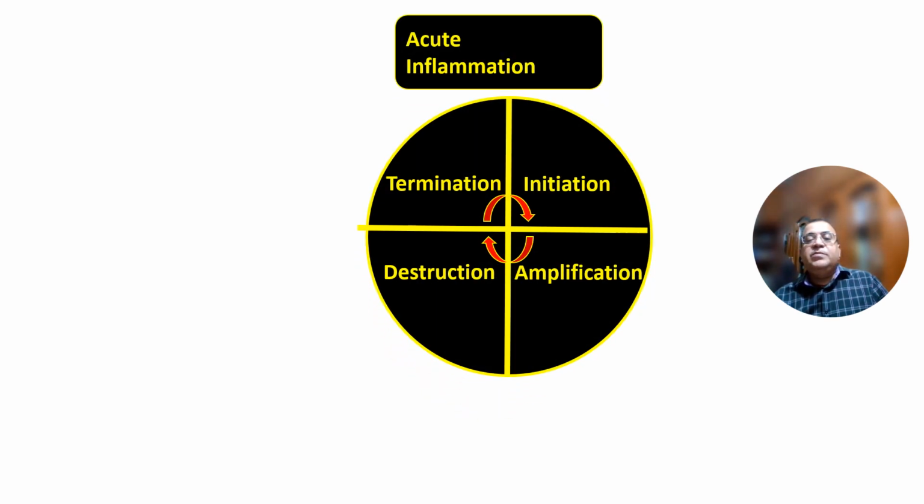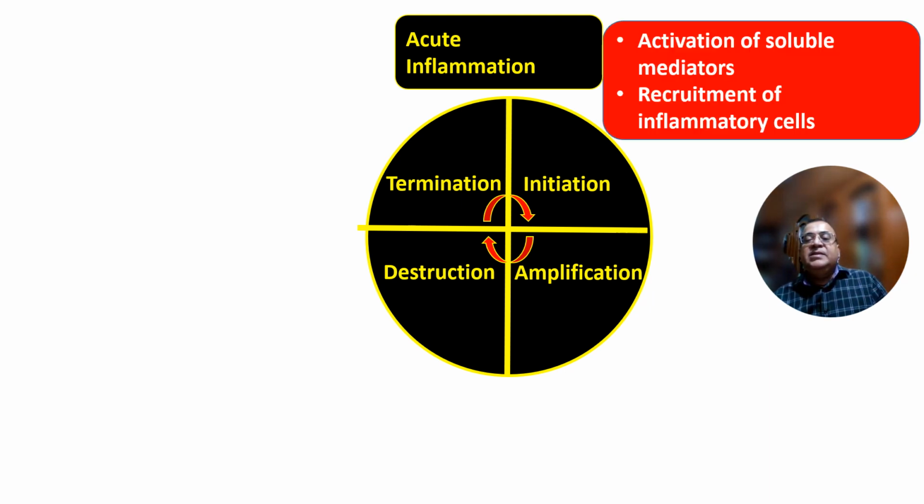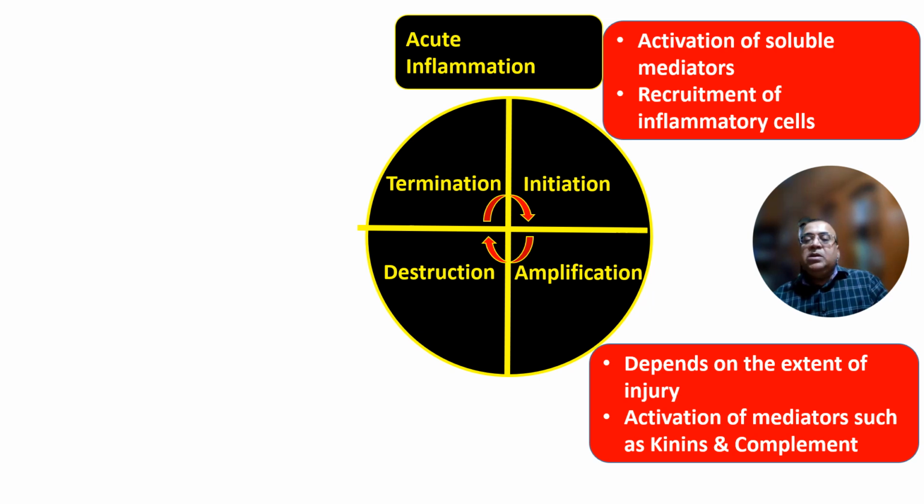So there is sequential activity. First, the acute inflammation should be initiated, amplified, the pathogen or destructive agent is destroyed, and then this process is terminated. This is initiated by the activation of various soluble mediators and with the help of the other inflammatory cells that come to this area, and then they are responsible for further amplification of this process.